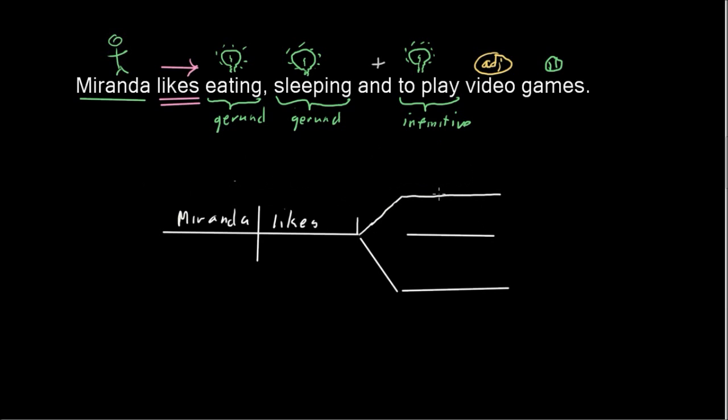Now, in diagramming a gerund, it's a little different than anything we've diagrammed to this point. We build a little podium or platform, and the top of the platform looks like a step. And since we have two of those, we're going to build two of these step podiums, or platforms.